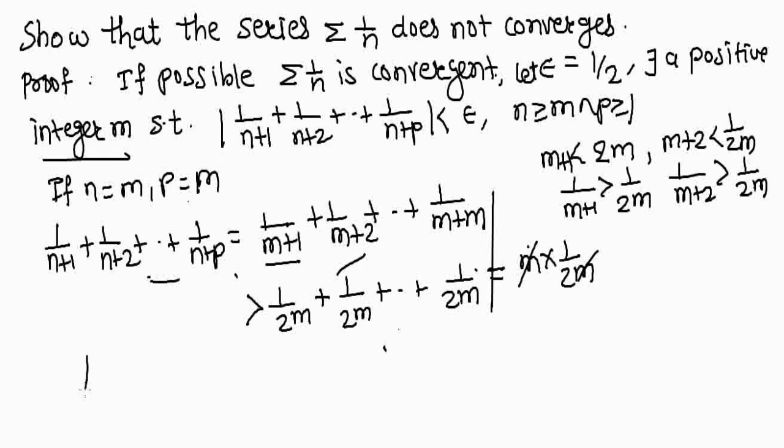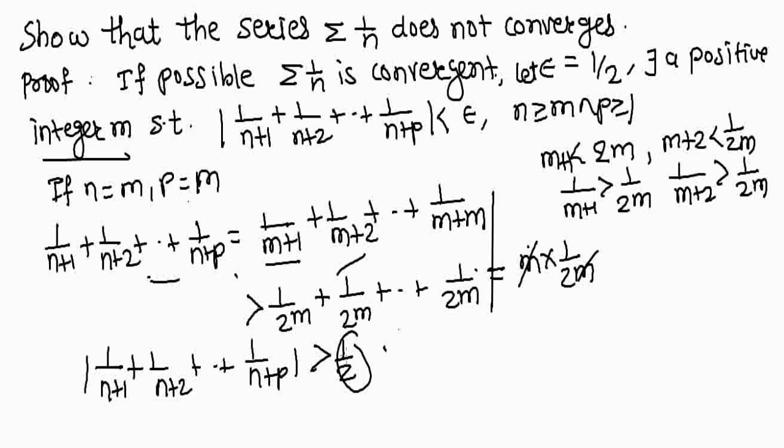So here we get that 1 divided by n plus 1 plus 1 divided by n plus 2 plus up to 1 divided by n plus p is greater than or equal to 1 by 2, but it should be less than epsilon equal to 1 by 2, and hence this is a contradiction, and this shows that the series summation 1 divided by n is not a convergent series.